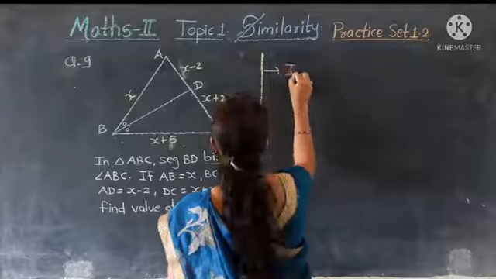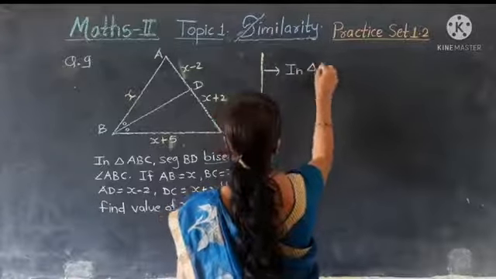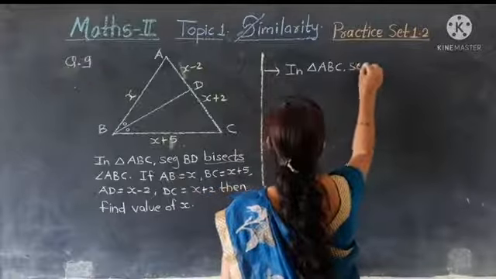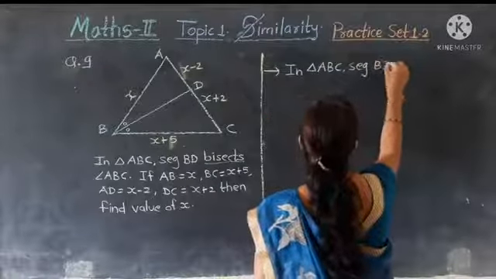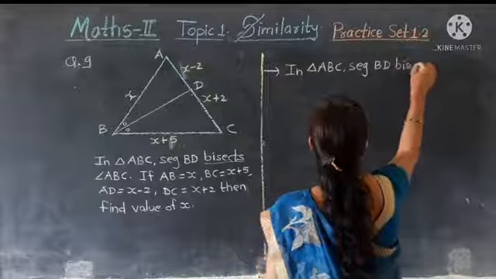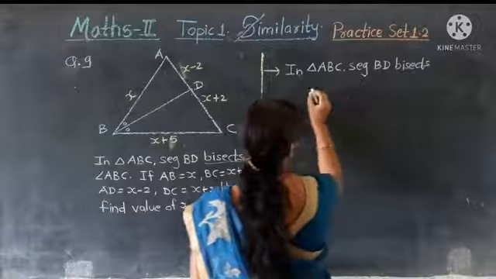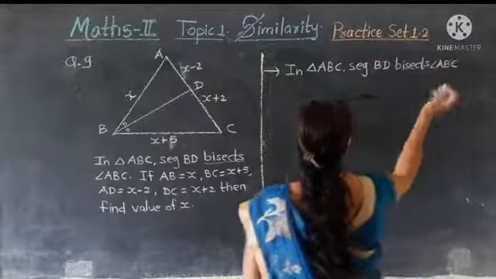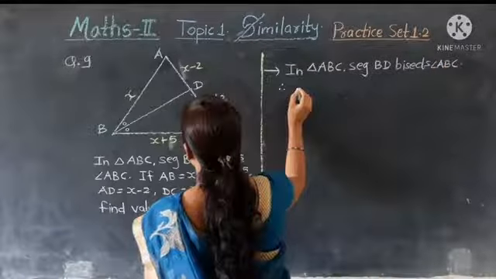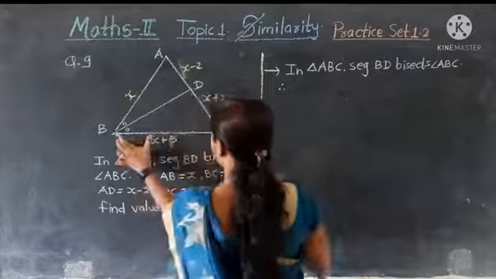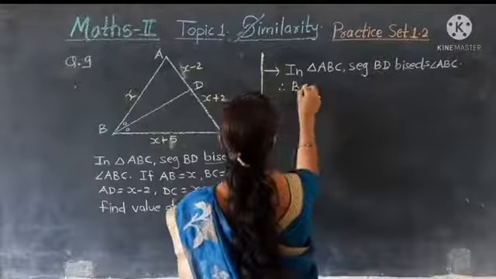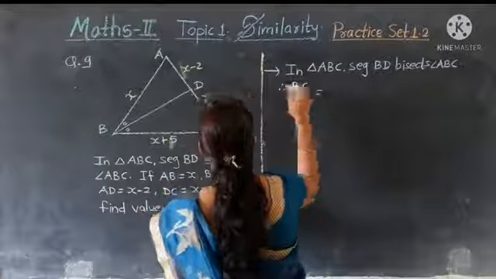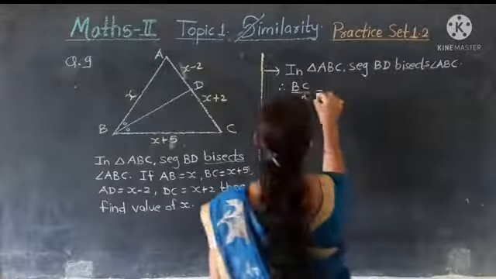In triangle ABC, which are the given things first, right? In triangle ABC, segment BD bisects angle ABC. Therefore, we can write BC upon AB or BA is equal to CD upon AD.